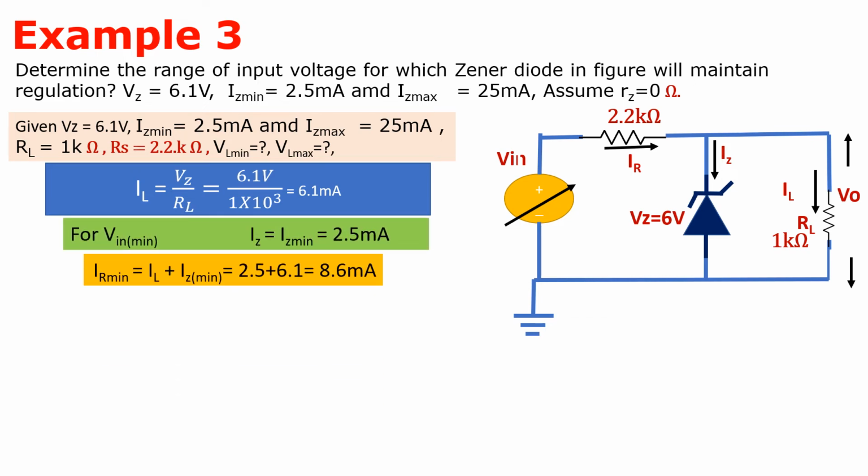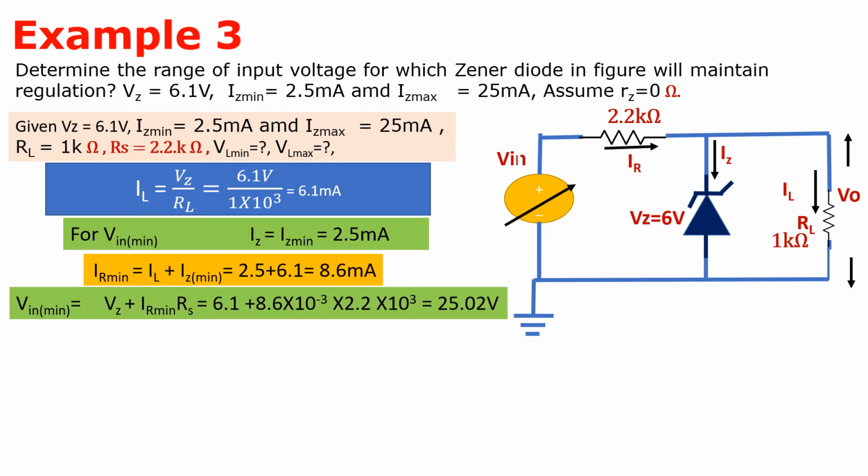For calculation of the minimum input voltage, we will take the minimum Zener current, which is given as 2.5 milliamps, and we will calculate IR min first, because as my input voltage is varying, I will take the minimum series current, which is the sum of the load current plus Zener current.